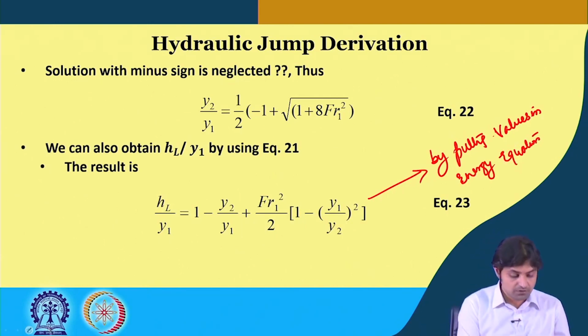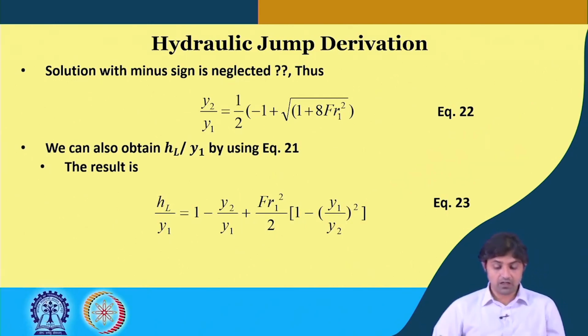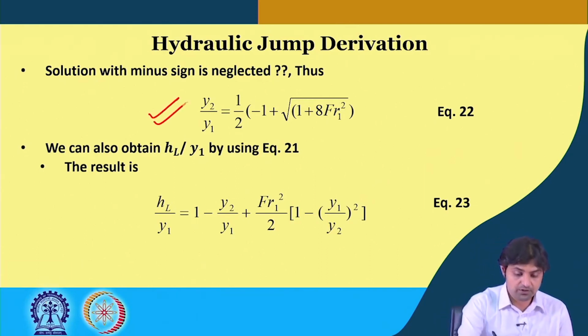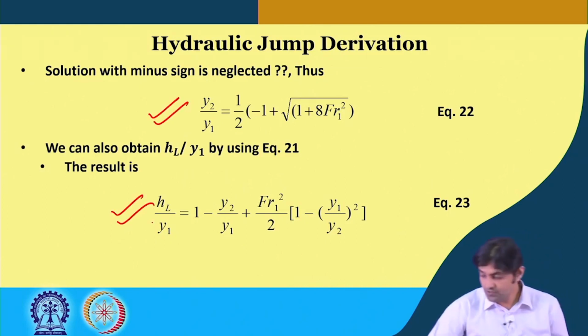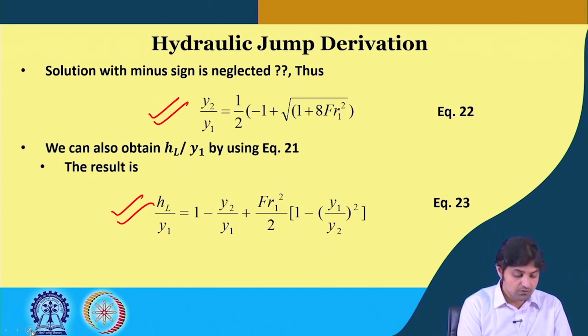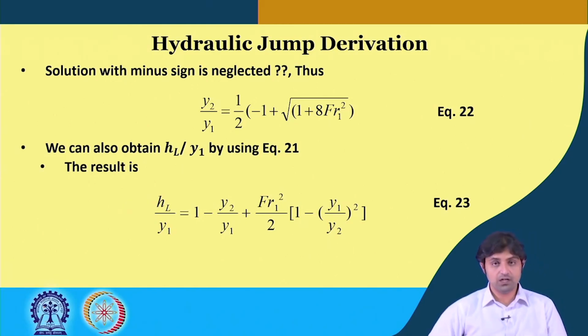Simple. So, I think these two formulas are very important to remember. I would suggest you to remember these formulas, because they would prove very helpful in the questions about the hydraulic jump.